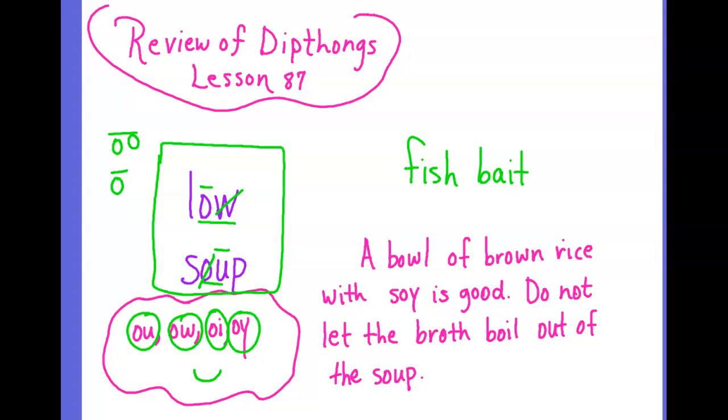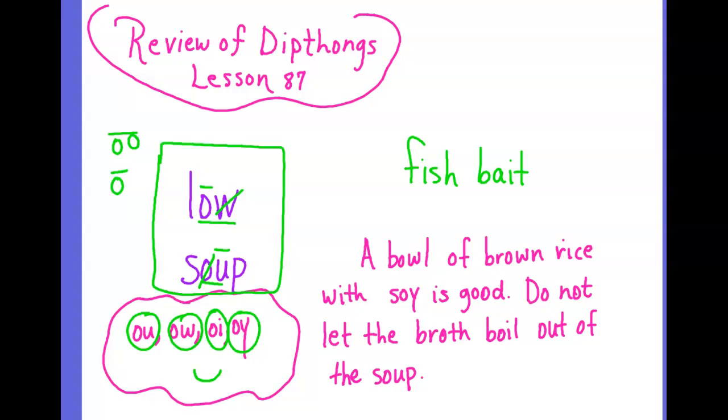We're going to cross out the E, because it's quiet, and put a macron over the vowel, like in the word kite. K-I-T-E. Cross out the E, put a macron over the I. How do we code a vowel that is followed by a consonant? Like dog. What's the O there? We're going to put a breve over it. It makes a short sound.